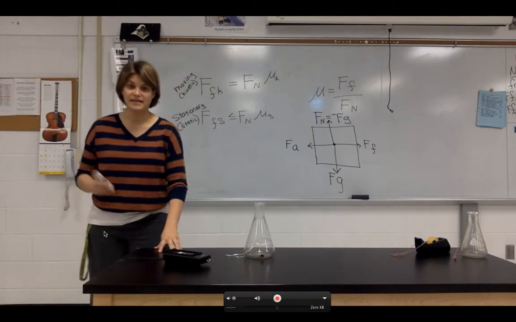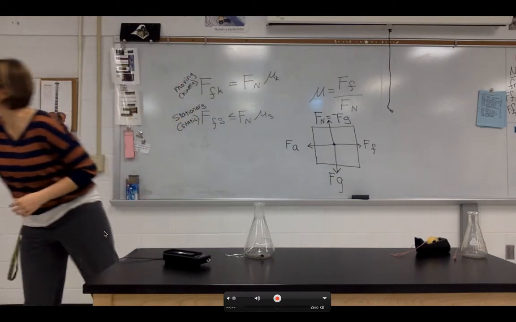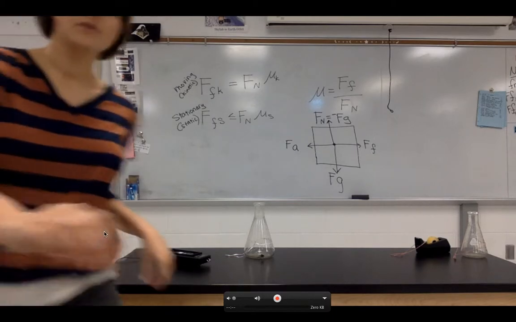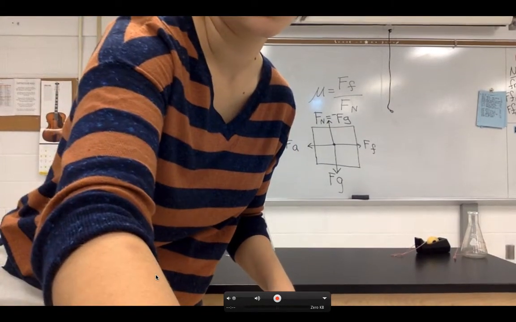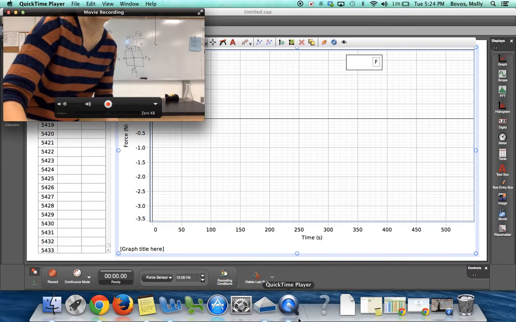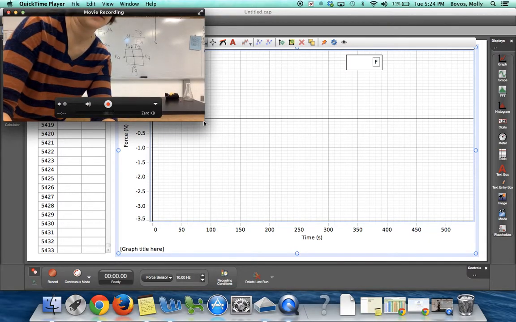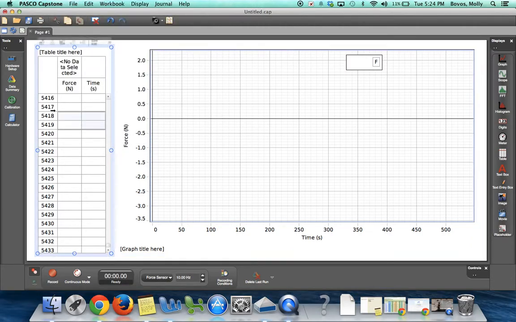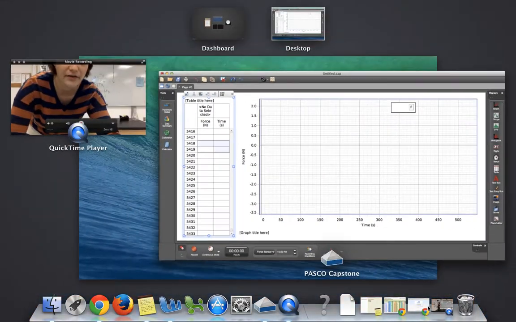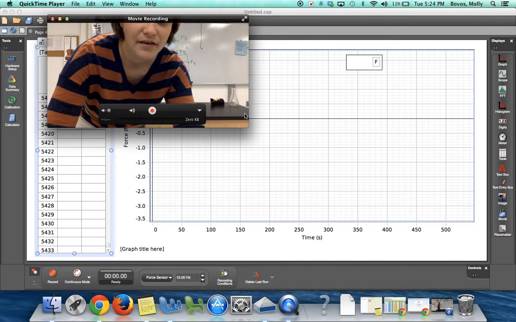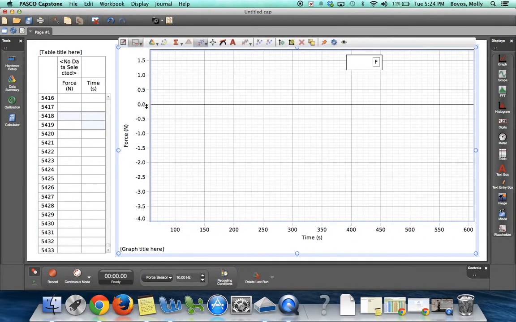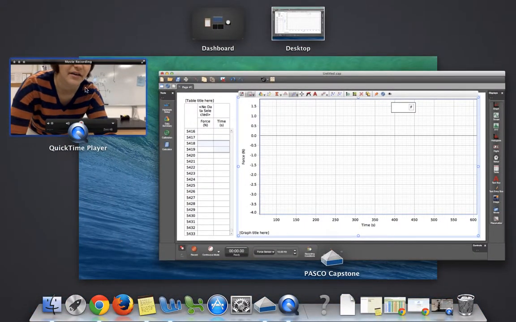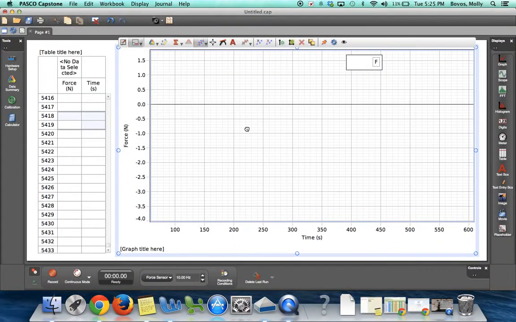Now let me go ahead and get to the demonstration, and for that, we're going to be using our Pasco data. I'm going to make this frame smaller. Oh, sorry. I am not going to re-record this because I have been trying to do this too long.